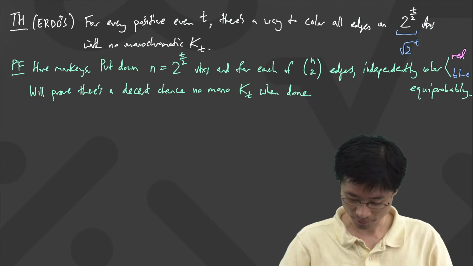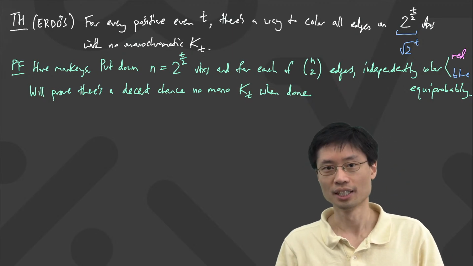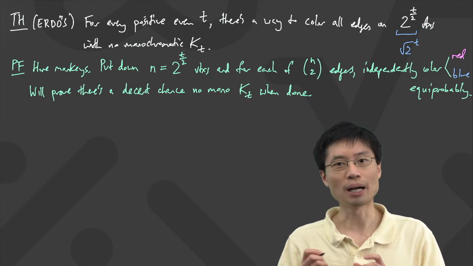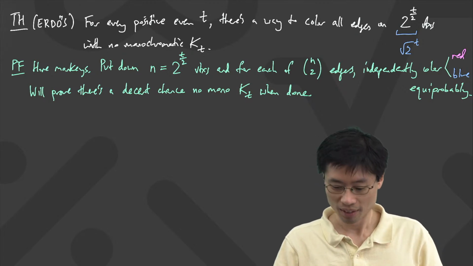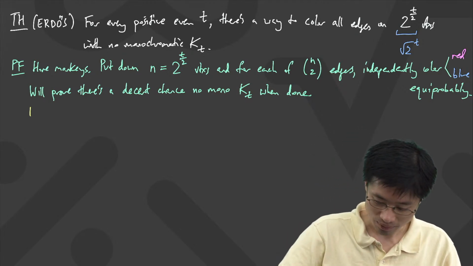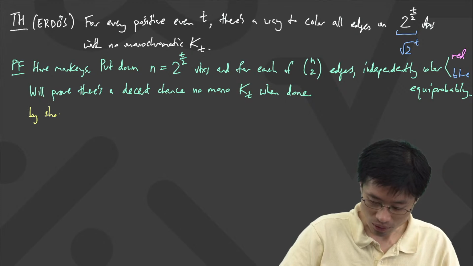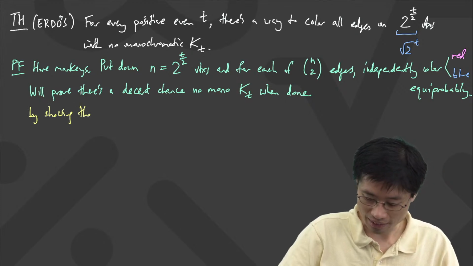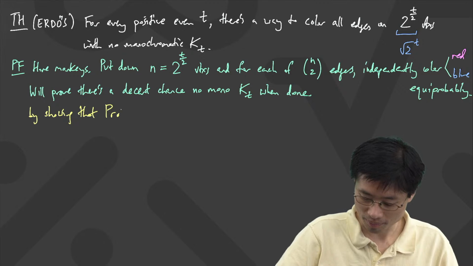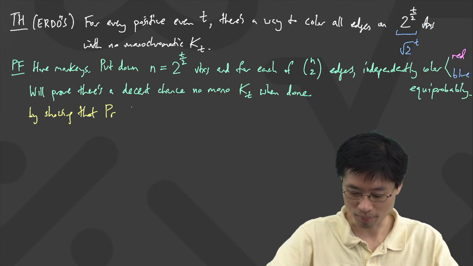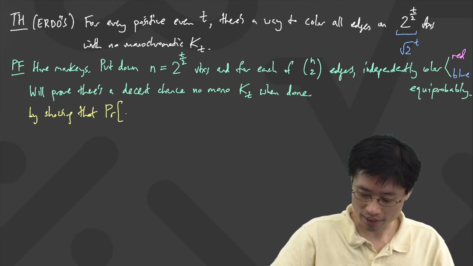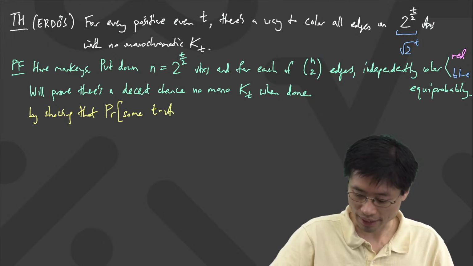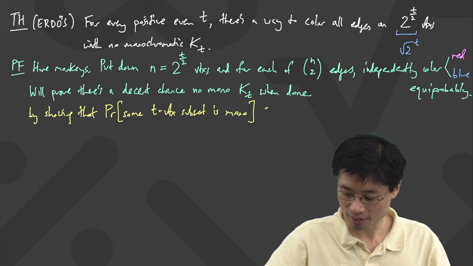How does this work? The way you do this is we'll bound the probability of failing, by showing that the probability, I'll write PR for probability, that some T vertex subset is monochromatic is less than 1.